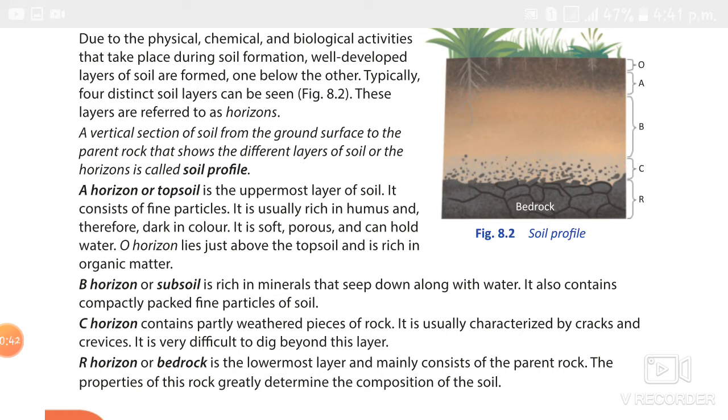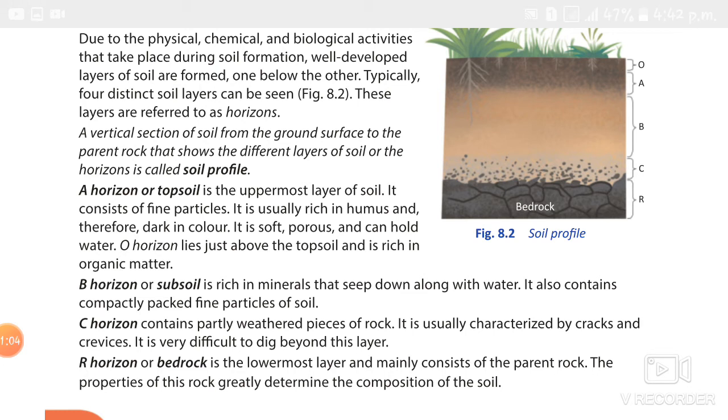And the second layer is the B horizon. It is also known as the subsoil. Compared to the topsoil, this is harder. This layer contains very little organic matter or humus. Water soluble minerals from horizon A reach and accumulate in this region.